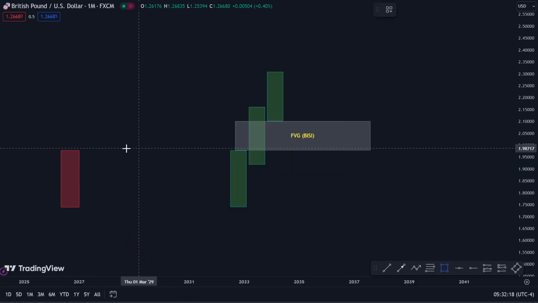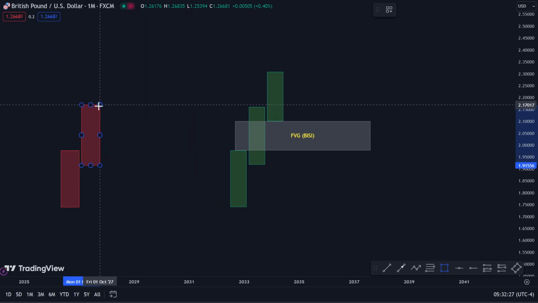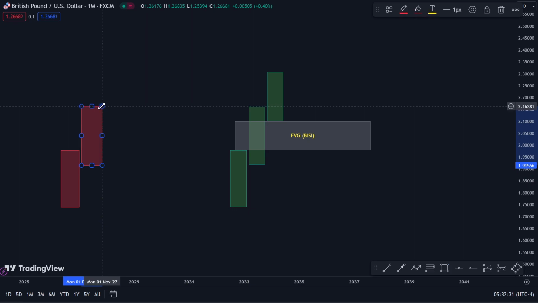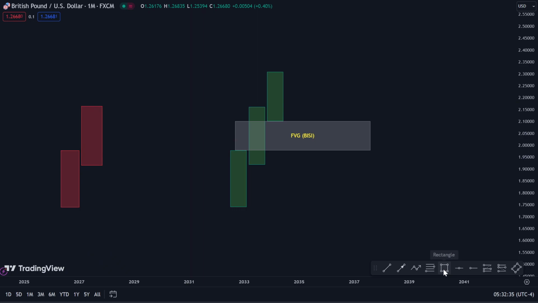That's our first bearish candlestick, this is our second bearish candlestick, and finally this is the third one.